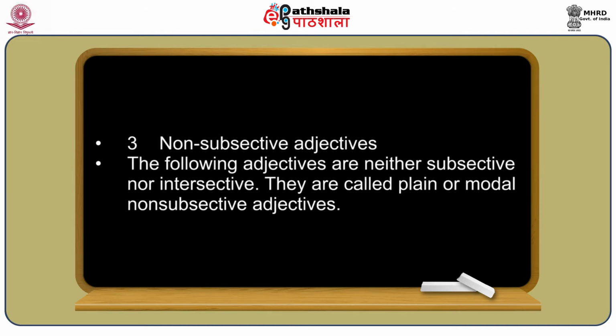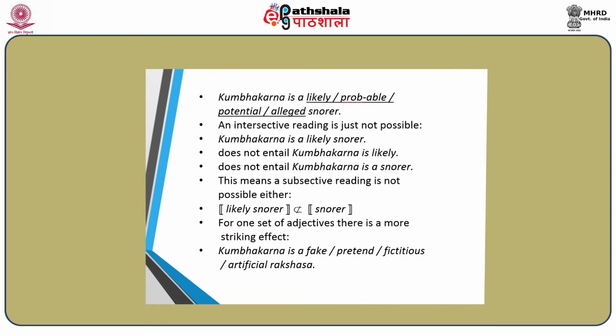These are what you might call the non-subsective, non-intersective adjectives. These are sometimes called plain or modal non-subsective adjectives. Suppose I say Kumbhakarna is a likely, probable, potential, or alleged snorer.